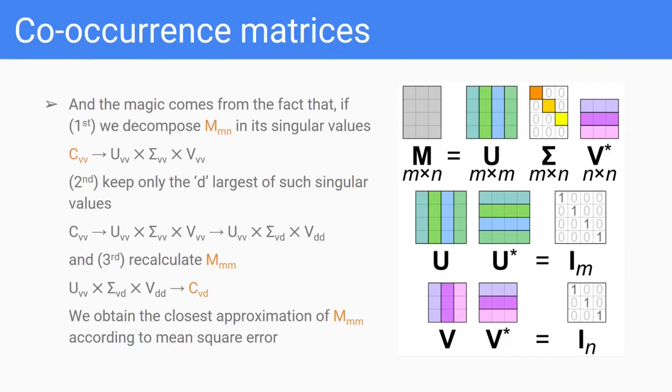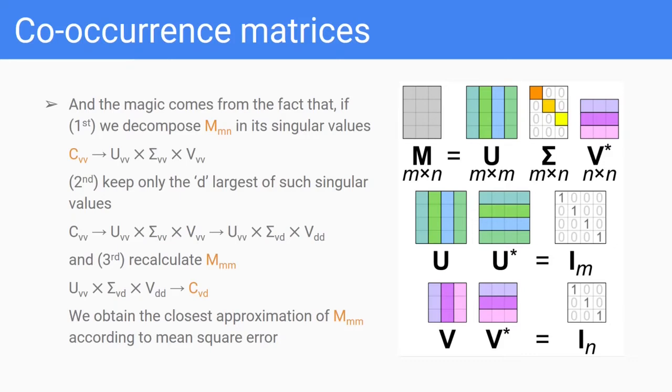But the good property that this method has is that when you do that and reconstruct M after cutting the epsilon matrix, you get an approximation of M that approximates the original vectors represented in the rows of M in the mean square error sense.